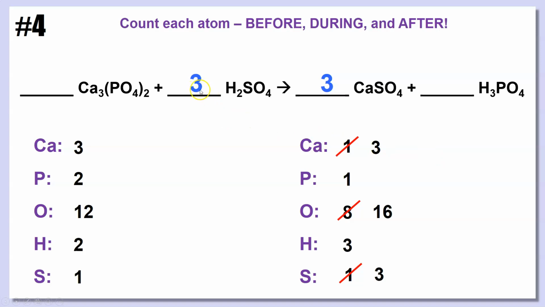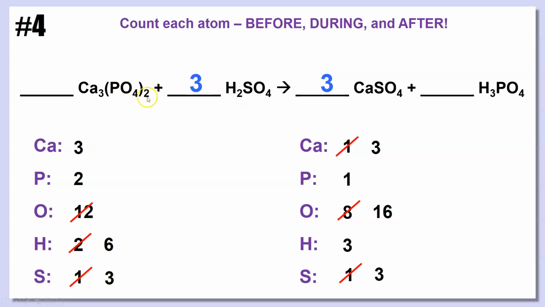Let's put a 3 here, and let's fix the sulfur. That also messed up my hydrogens. I have 6. And it messed up my oxygens.